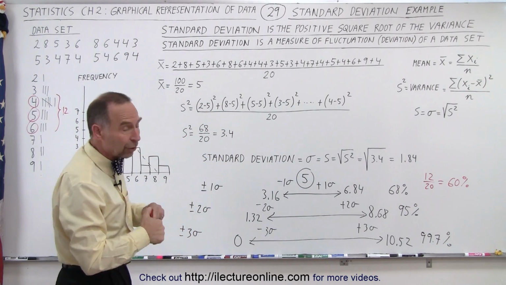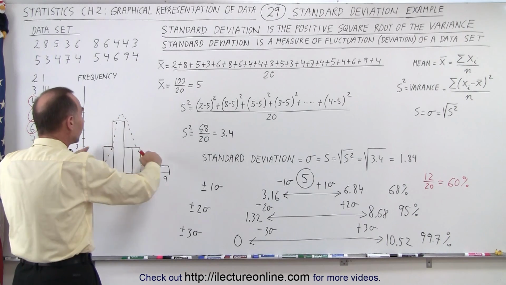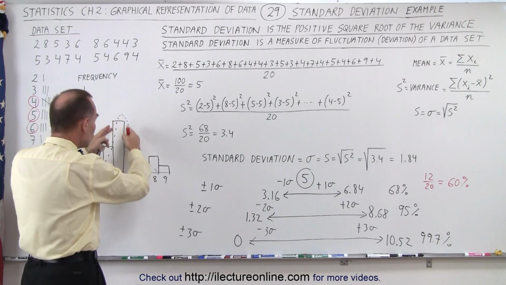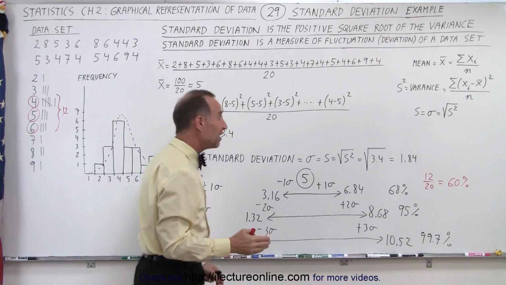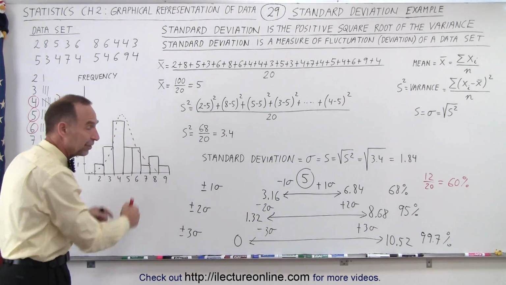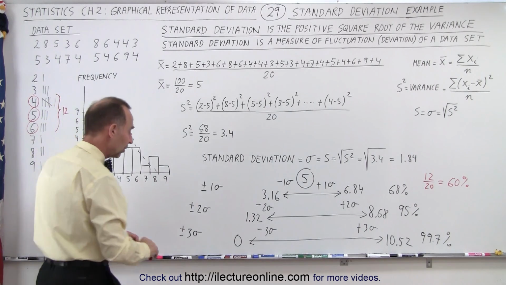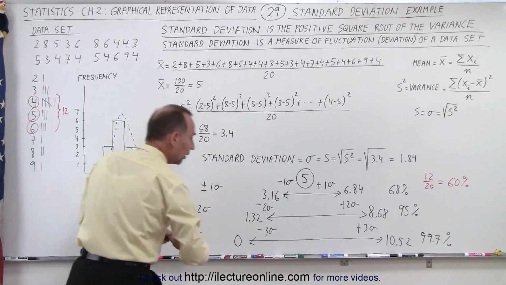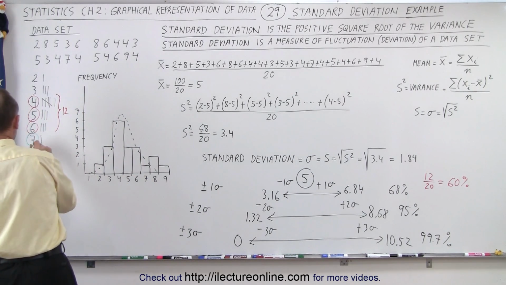Since I'm reasonably close to 68%, you can see that this is more or less a Gaussian or a normal distribution. The fact that it's 60 instead of 68 means that it's not quite there, which is what our data set indicates. If we now go plus or minus 2 sigma, I need to add a few more to that. So anything that's below 9, so I include the 7 and the 8.